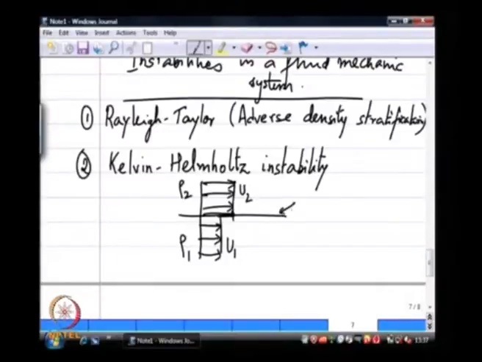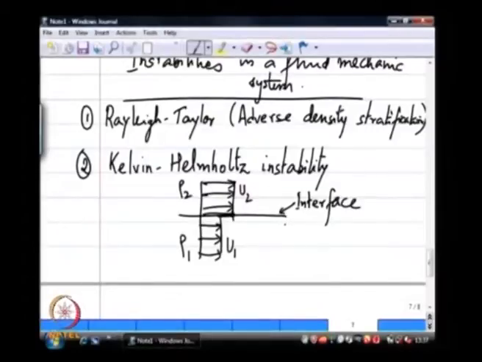And this is the interface. Okay. So, because u 2 is different from u 1, there is a relative motion, and that relative motion is cause for the meniscus, the interface, to become unstable.